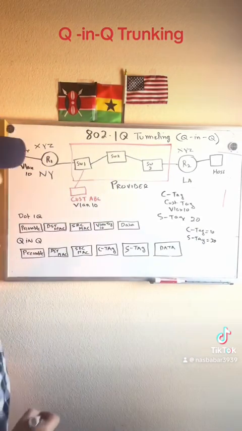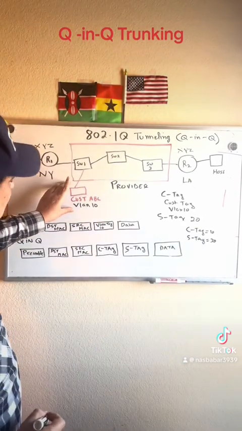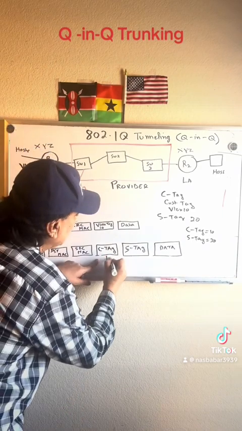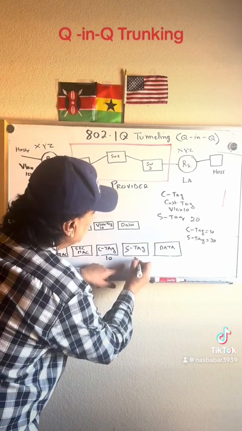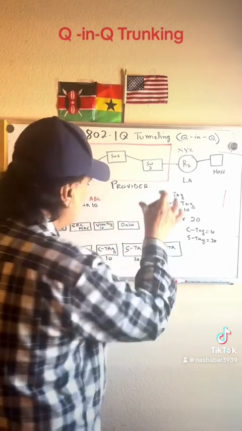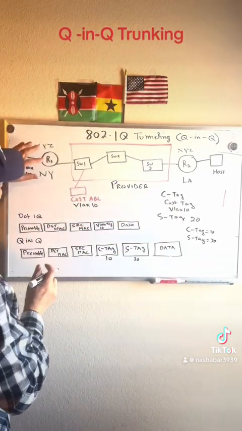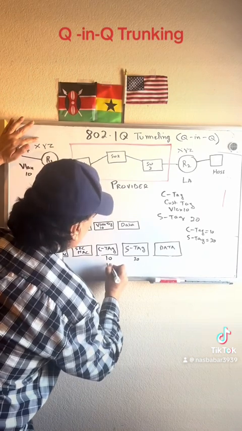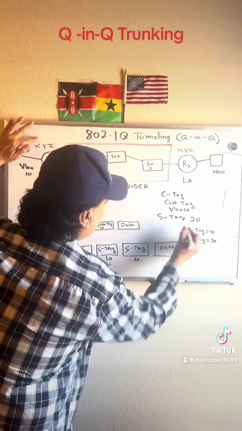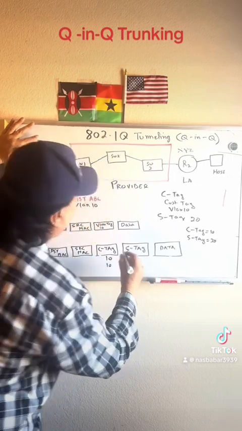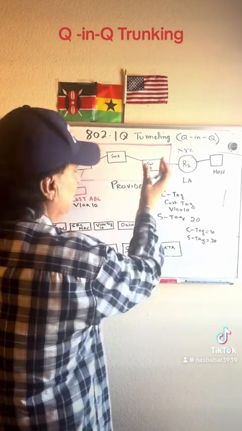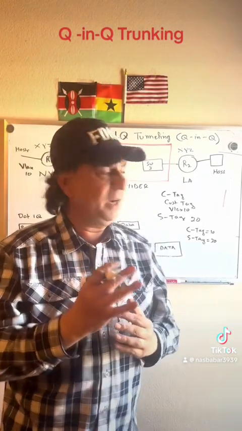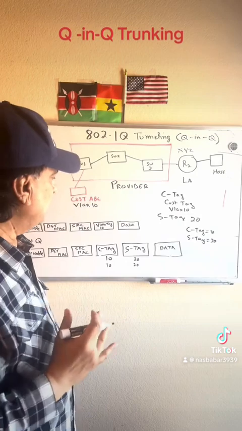So when customer ABC sends, their C tag is 10, their S tag is 30. S tag is also .1Q tagging. When customer XYZ sends, their customer tag is also 10 and their S tag is 20. That's how they differentiate within the provider network using Q-in-Q tunneling. Just make sure you understand that.